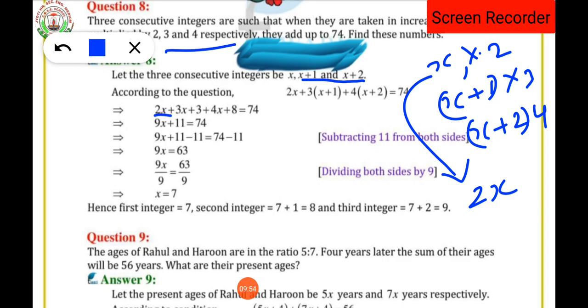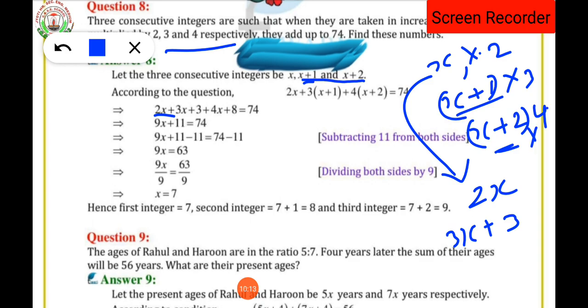So it becomes 2x. Now the second consecutive integer, which we are going to multiply with 3, becomes 3x plus 3. It is multiplied inside the bracket by both numbers. Then the third consecutive integer is x plus 2, which will be multiplied with 4.